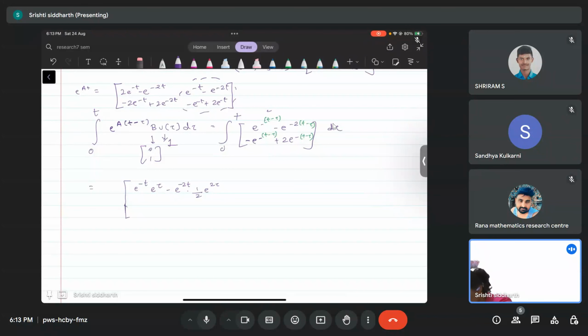And then the next one is minus e to the power minus t, plus 2 times e to the power minus t into e to the power tau. So this is the integral from 0 to t.